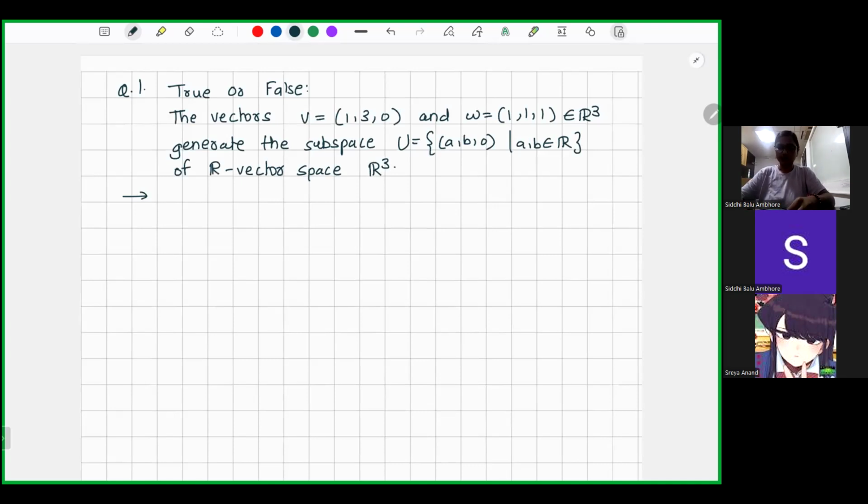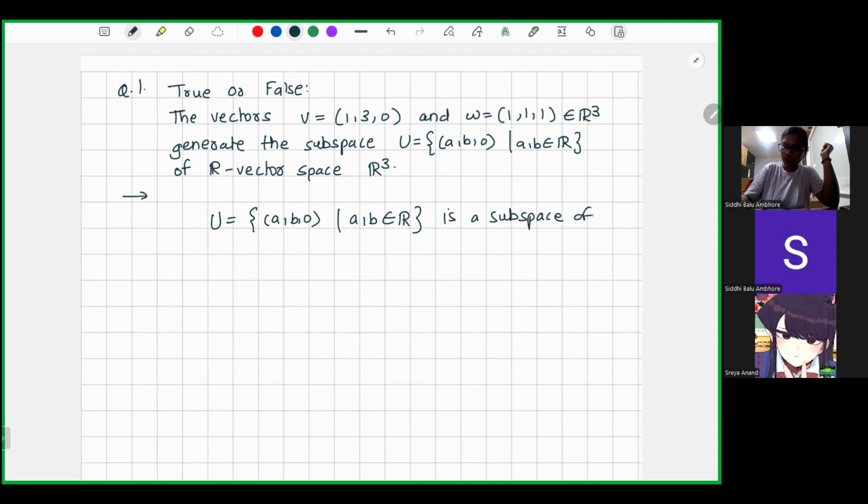So any guesses for this? What we need to do is, we have been given two vectors v and w, and we have to check whether these two vectors generate this subspace U. They have already given that U is equal to {(a, b, 0) such that a, b in R}, a subspace of R3 as an R vector space.